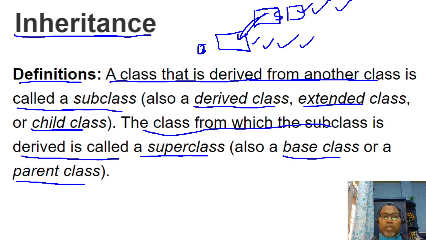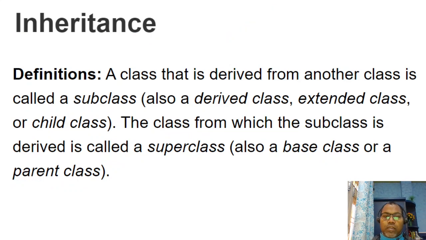Inheritance is one of the Java OOP principles which says one class can inherit the properties or data members from another class. That top-level class is known as your superclass, base class, or parent class. The class which inherits the property is known as your subclass, derived class, extended class, or child class. These are the names generally used.